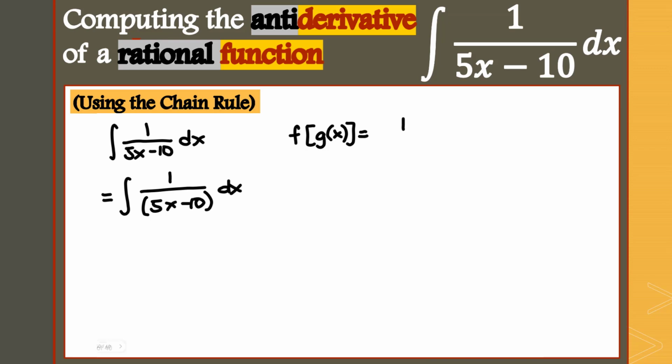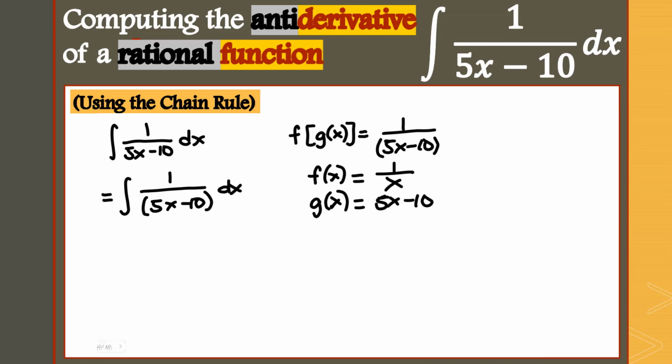So you have here 1 over 5x minus 10, but treating this as 1, you can say that your f of x now is just 1 over x, where your x is another function g of x, 5x minus 10. Meaning, this will be treated as 1, so you have your 1 over x. In this case, you have your 1 over x dx. And for this, we have a rule for anti-differentiation.